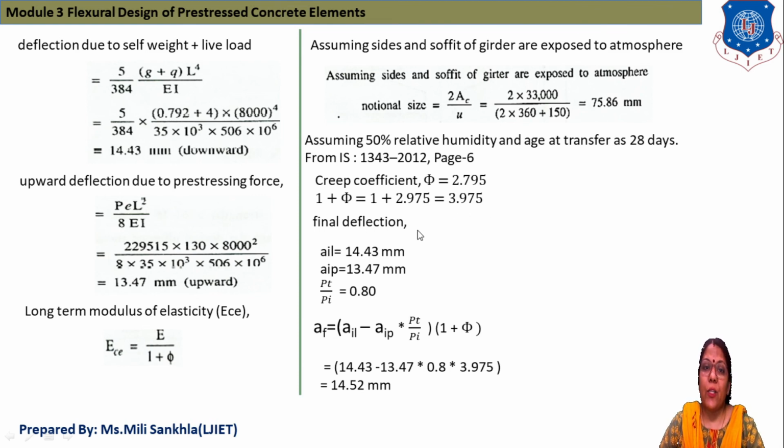The final deflection: AIL is 14.43 mm, AIP is equal to 13.47 mm, PT by PI is equal to 0.8, the loss ratio. Then AF is equal to AIL minus AIP into PT by PI, over 1 plus phi. AIL 14.43 minus 13.47, then ratio 0.8, 1 plus phi is equal to 3.975, and we get 14.52 mm.